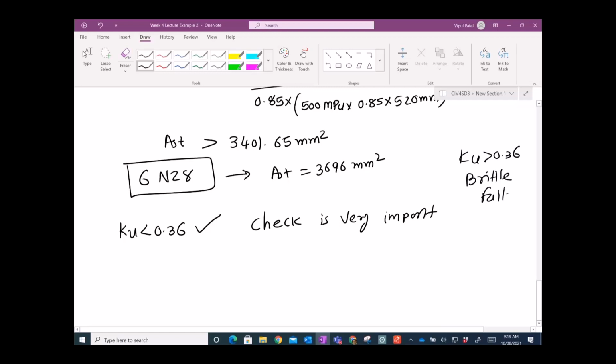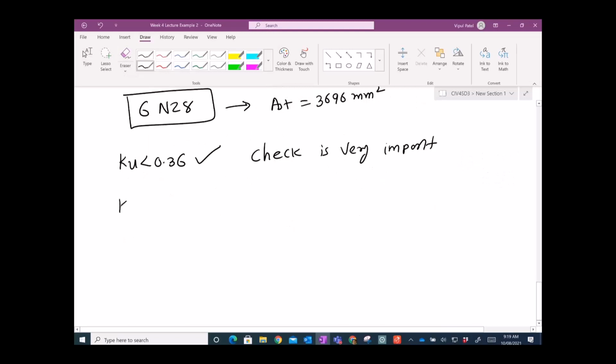I showed you that in the standards, that Ku should be less than 0.36. If it does not happen, then we need to design differently. So we always make this check in singly reinforced design. How do you find Ku? Ku is equal to dn over d. dn we don't know, and 520 millimeters is d.